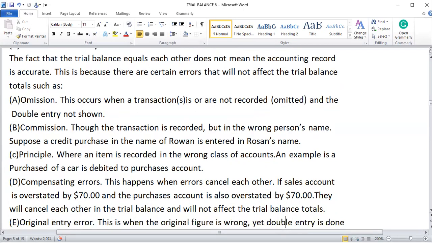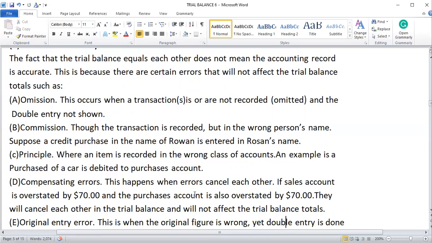So it means that if you have, let's say, the trial balance with all the debit entries and all the credit entries, and you overstate an amount, let's say the debit side is overstated by $70 and the credit side has also been overstated by $70, it will cancel each other out.